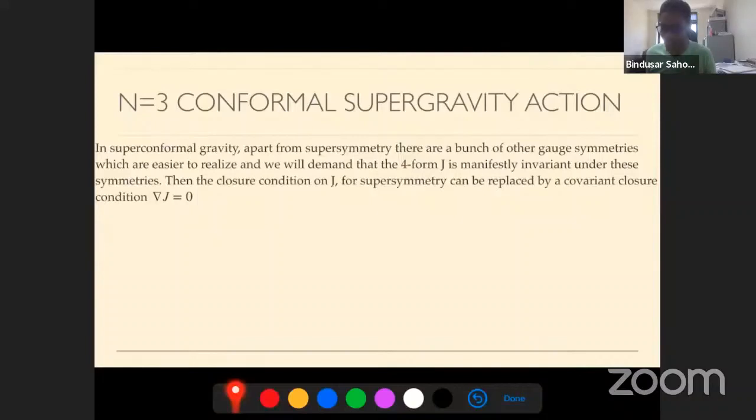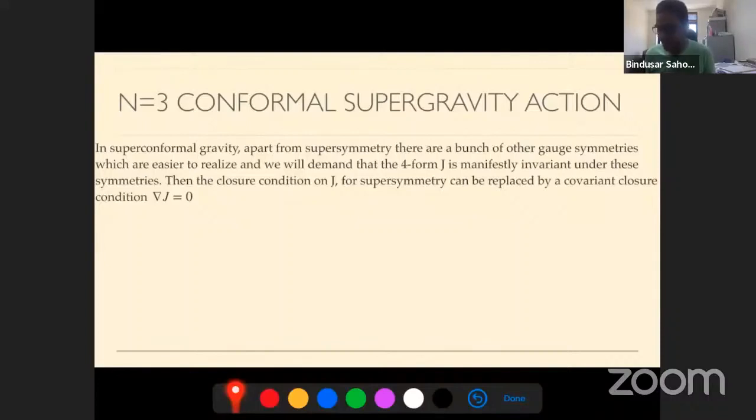We will only geometrize the Q supersymmetry, and the other symmetries we will ensure by explicitly demanding that this fourth form that we are constructing is manifestly invariant under them. Therefore the action becomes manifestly invariant under these other symmetries, and the invariance under the Q supersymmetry is realized by ensuring its closure condition.